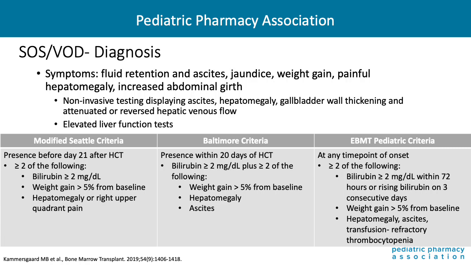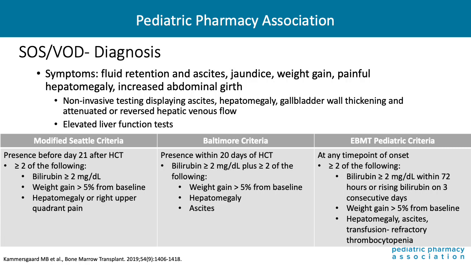Within the Baltimore criteria, it lists the presence within 20 days of transplant having a bilirubin of greater than or equal to 2 milligrams per deciliter plus 2 or more of the following, which is weight gain greater than 5% from baseline, hepatomegaly or ascites.